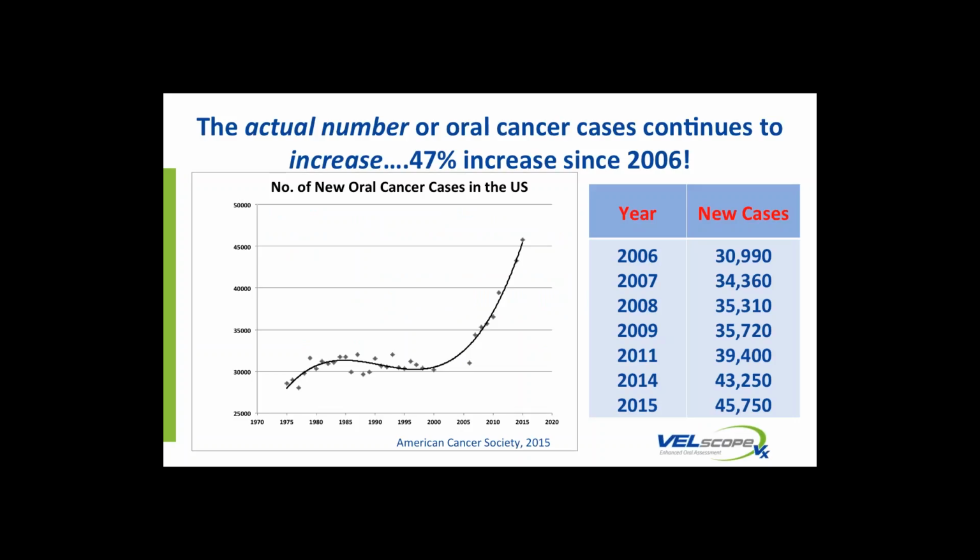Number one, the numbers have progressively increased over the last 10 years. Number two, most people aren't aware of them. About 10 years ago, about 31,000 oral cancers were detected. We're now looking at, probably by the end of this year, almost 46,000. We're talking about a 47% increase.